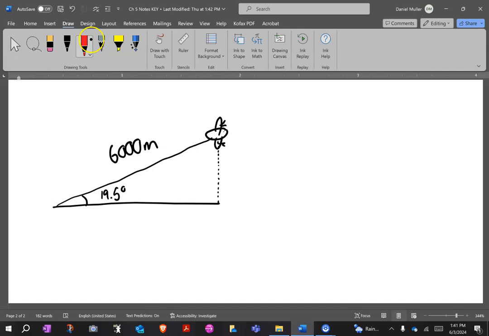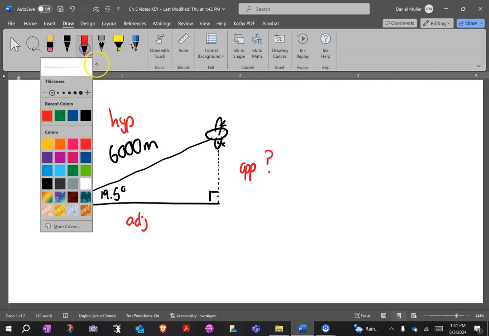So we have a perspective, 19.5, so we can look across. That's going to be our opposite. And our 90 degrees here, opposite of that is always our hypotenuse. And then that leaves this as the adjacent. And again, we're trying to find out what this is.